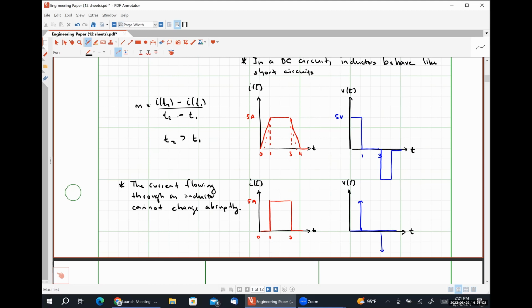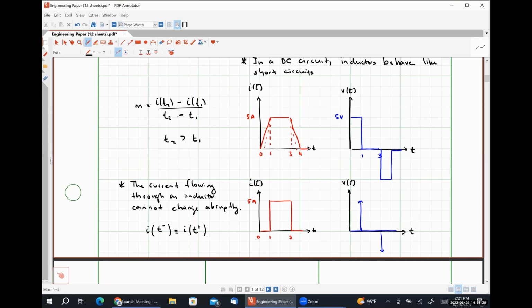I'm going to write this in a little bit of mathematical speak here. The current at any given point of time approaching from the left must be the same as the current approaching at that same point of time approaching from the right. Okay. So the current flowing through an inductor cannot change abruptly.